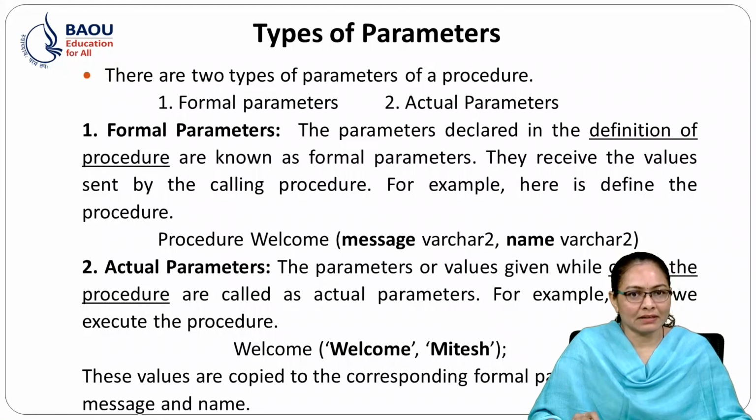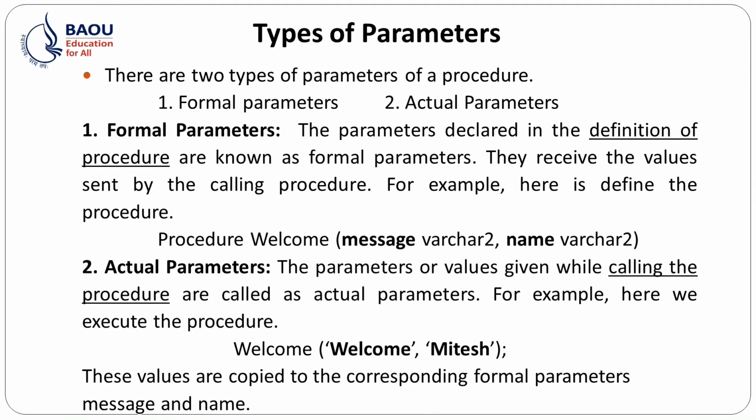Now the next is the actual parameter. The parameters or the values given while calling the procedure are called actual parameters. For example, here we execute the procedure welcome with parameter values. Actual parameters are used when we call the procedure. Here it is the definition part, defining the procedure, and here it is calling the procedure.